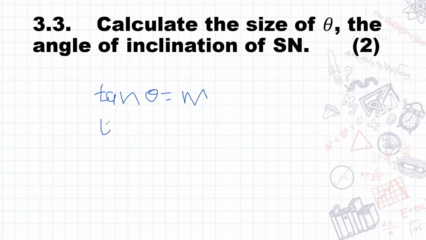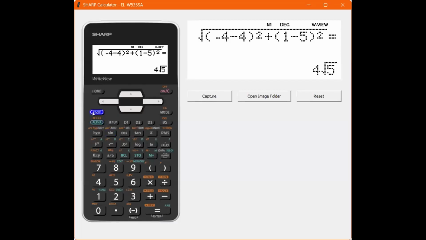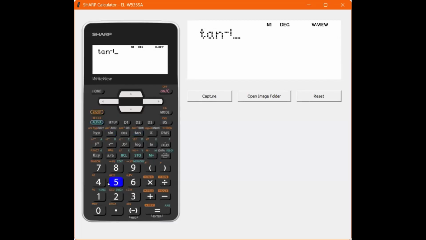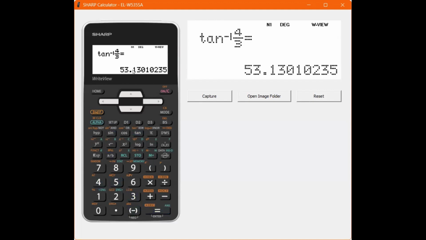And we just substitute in what we know. It's 4/3. And then very quickly we grab our calculator and say second function tan, because we're finding the inverse, 4/3. And that gives us an angle of 53,13. So that would be our answer for this question.